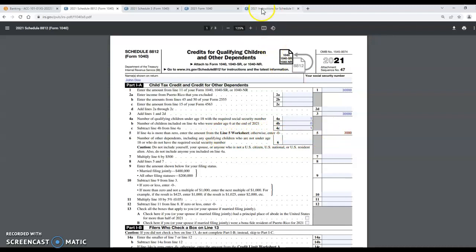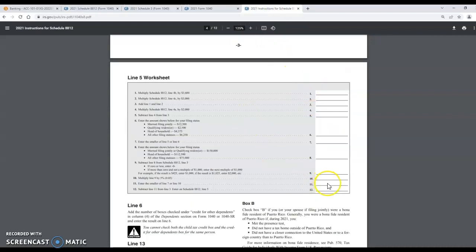You don't really need to fill out this worksheet as long as you know that they make less than the threshold. So the head of household, $112,500. Married filing joint, $150,000. All other filing statuses, single, etc., $75,000.